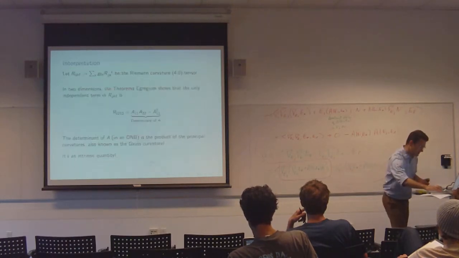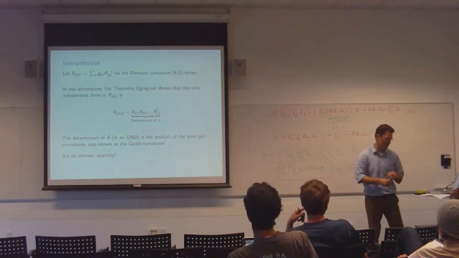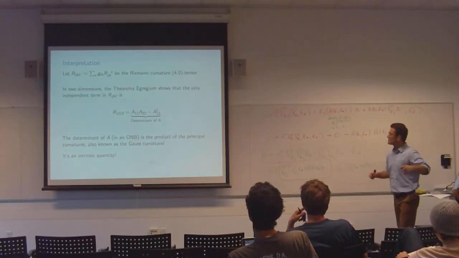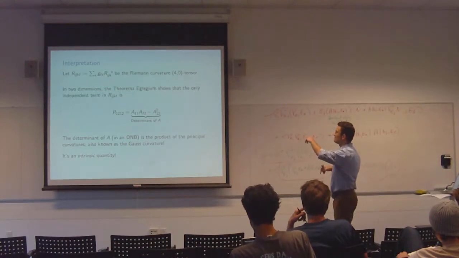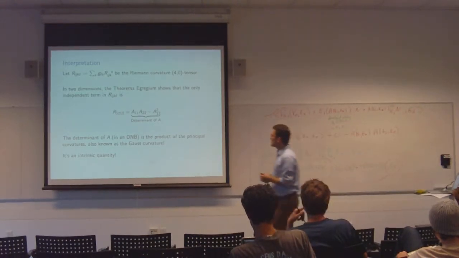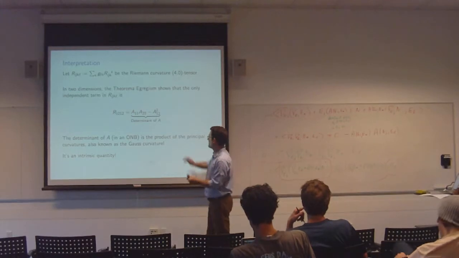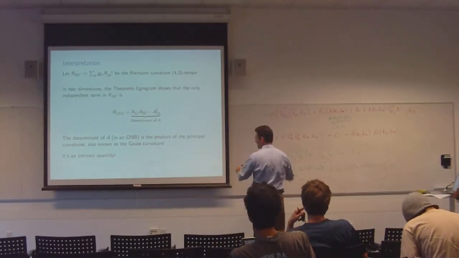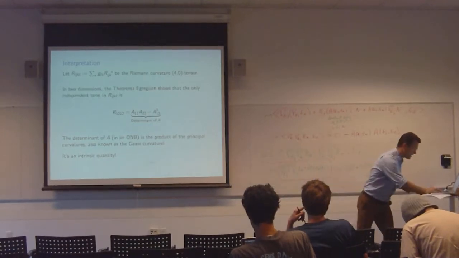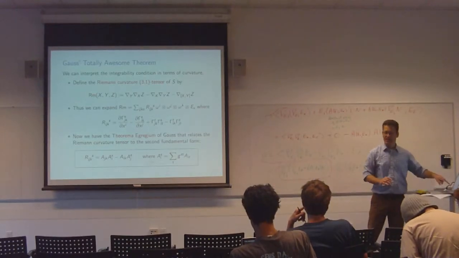Okay, I'm going to move to the next slide, just to give an interpretation of this. What I want to do is lower one index so that I get the Riemann 4-0 tensor, just so I get a nice-looking form for the thing. If you go back to my previous formula on the previous slide, this is Rijk, right?